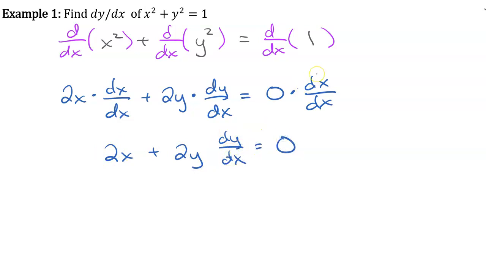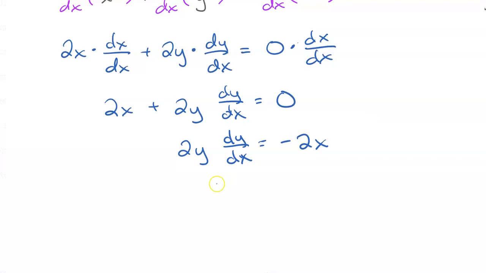And 0, of course, times anything is 0. So we would get 2y dy dx equals negative 2x. Divide by 2y, both sides, and we would get negative x over y for our dy over dx.